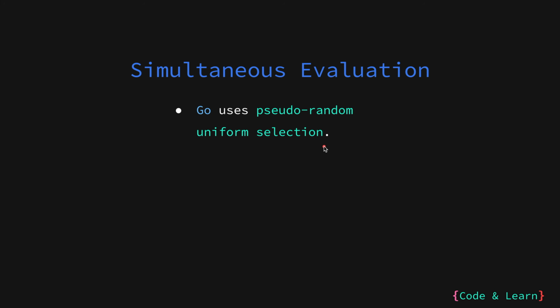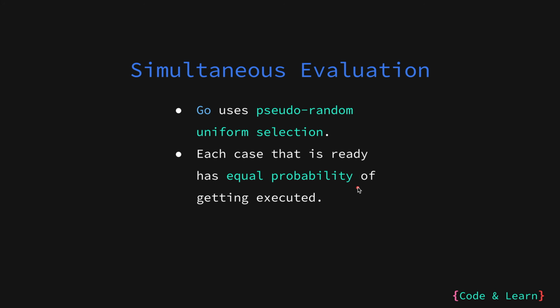This means each case has an equal chance of being selected. Pseudo-random uniform selection is a technique used to generate a sequence of numbers that appear to be random but are determined by a deterministic algorithm. This means, given the same initial conditions, the sequence will always be the same. Or, in simple words, each case has an equal probability of being selected.